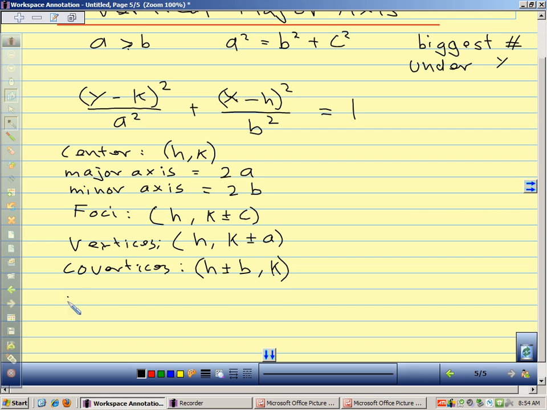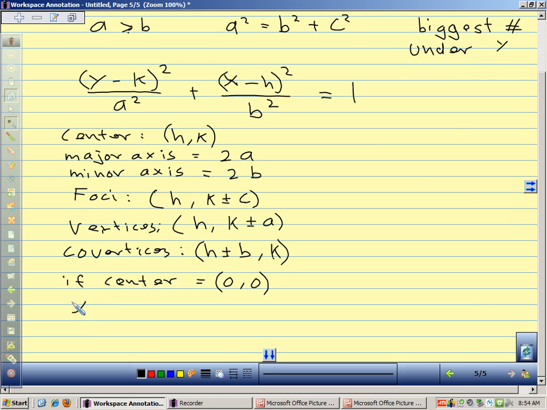And if our center is at 0, 0, our equation just becomes y squared over a squared plus x squared over b squared equals 1. And our biggest number is under the y part.